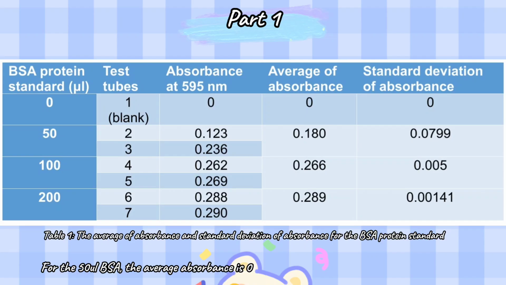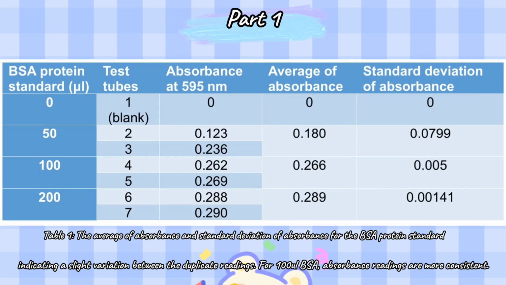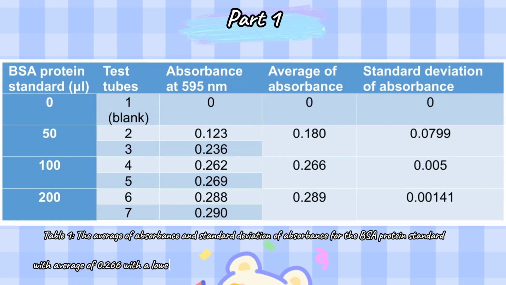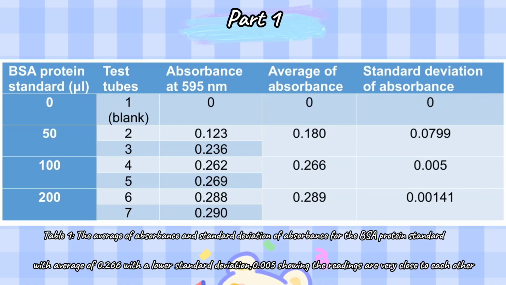For the 50 microliter BSA, the average absorbance is 0.180 with a standard deviation of 0.0799, indicating a slight variation between the duplicate readings. For 100 microliter BSA, absorbance readings are more consistent, with an average of 0.266 with a lower standard deviation of 0.005, showing the readings are very close to each other.